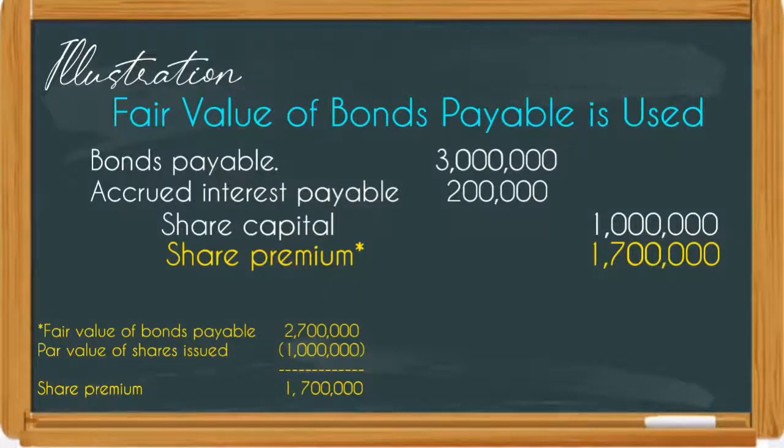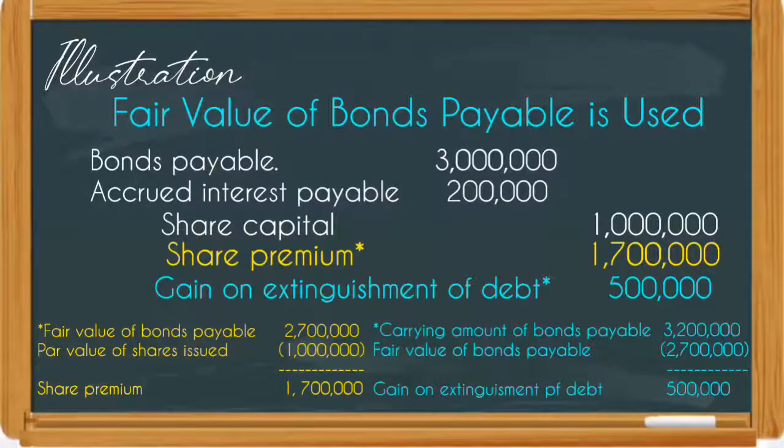Nakuha siya dahil yung fair value of bonds payable naman minus the par value of shares. So, 2,700,000 less 1 million is 1,700,000. Next is credit gain on extinguishment of debt. Nakuha siya dahil carrying amount of bonds payable 3,200,000 minus the fair value of bonds payable 2,700,000 is equal to the gain on extinguishment of debt 500,000.